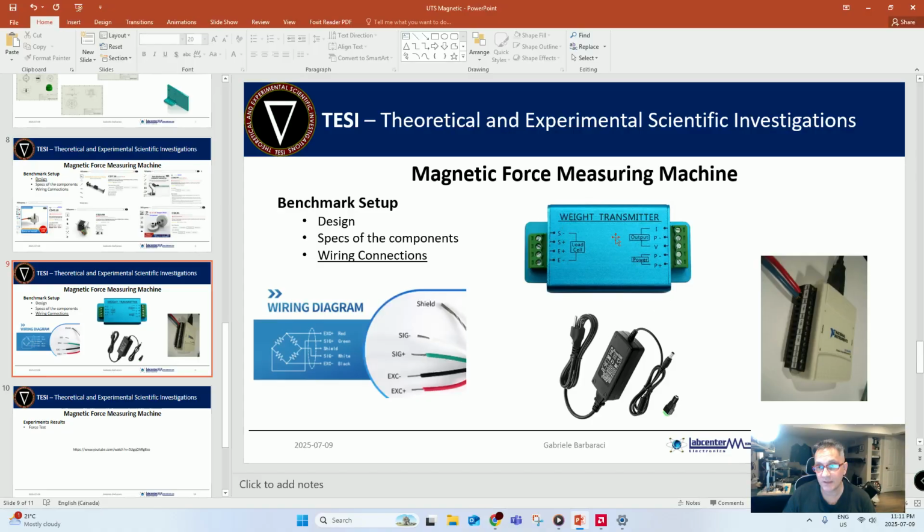The weight transmitter, which is a Wheatstone bridge, is powered by a 12-volt power supply, where plus and minus in this plug go straight into here. Plus and minus. Remember, this is not ground. Remember that the Wheatstone bridge doesn't have any ground. All right? It's also a differential voltage.